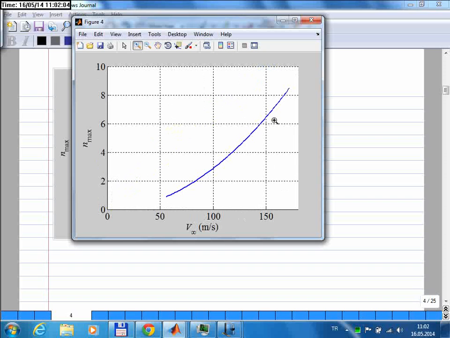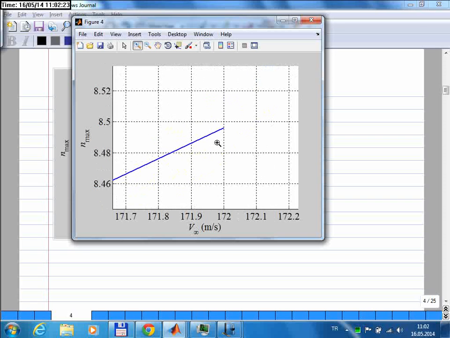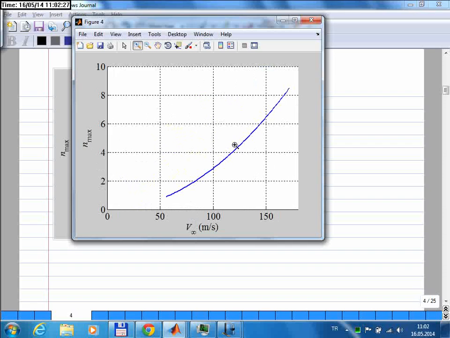And while flying at the maximum speed, if the pilot increases the lift coefficient to maximum value, then the aircraft will suddenly have a load factor of 8.5. It's almost like a fighter jet, right? Well, not almost. 8.5 is very close to the maximum load factor a fighter jet can have.